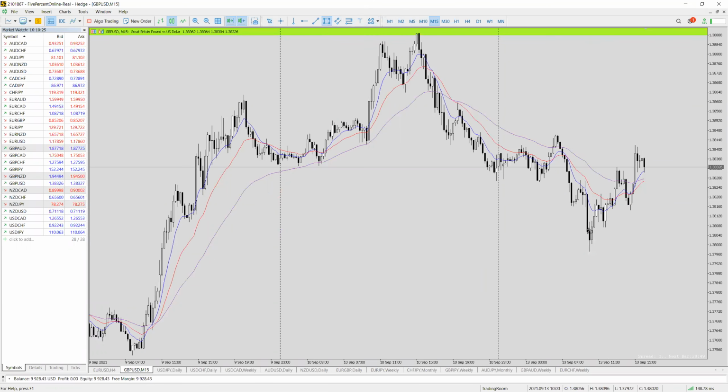So I would be looking for long around here. Maybe here there's a supply zone. Here there's a supply zone. But again, these are short time frames for those of you who are looking just for short-term trades.